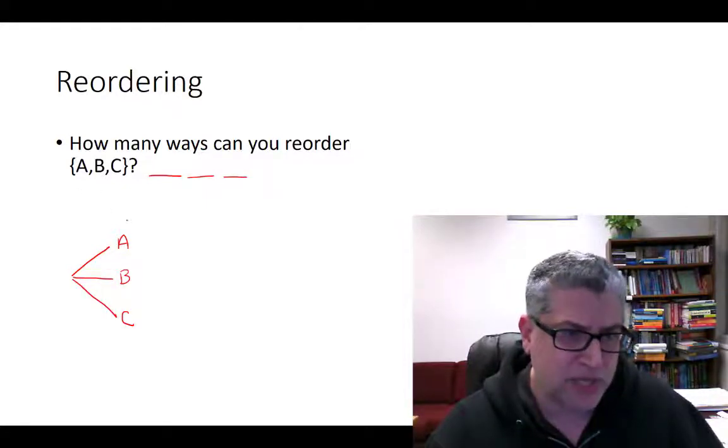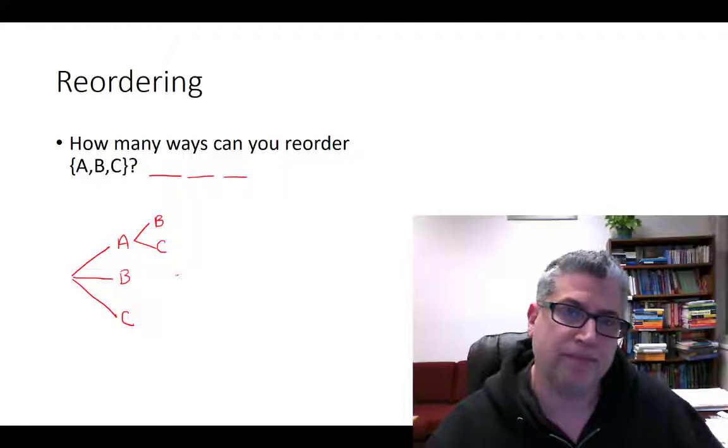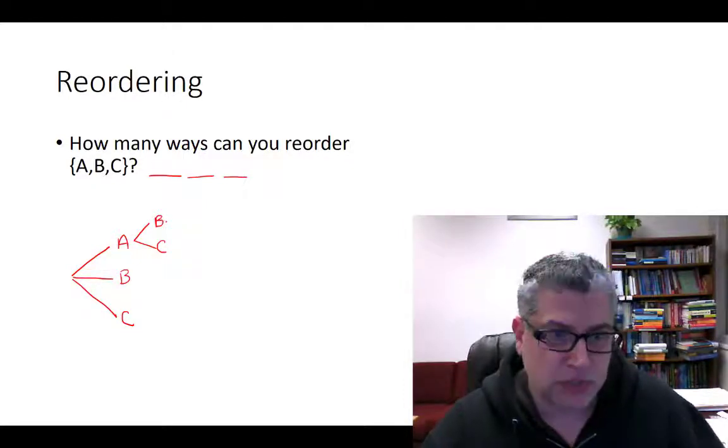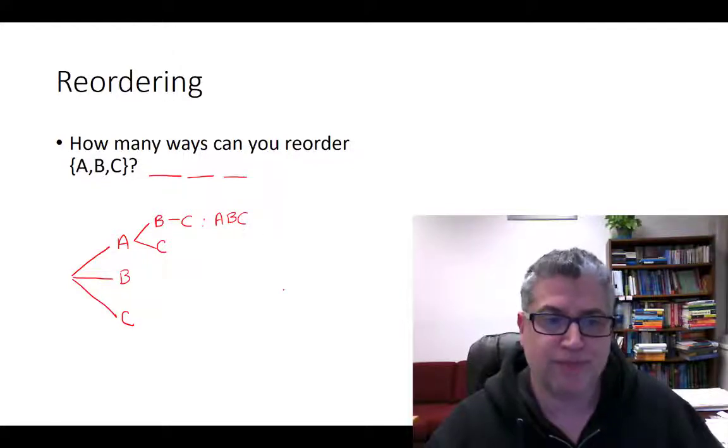Well, if we've already used up A, then we could either go B or we could go C. And now once we figured out A and B, well, in this particular ordering, there's only one way to go. It's got to be C, which gives us this particular ordering.